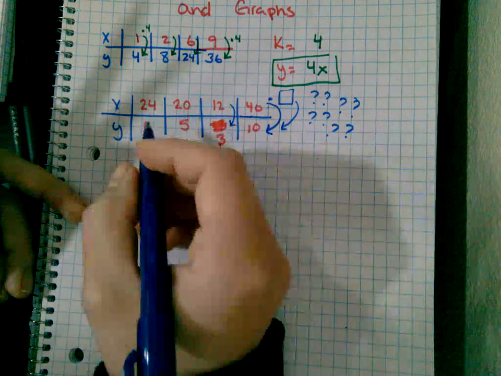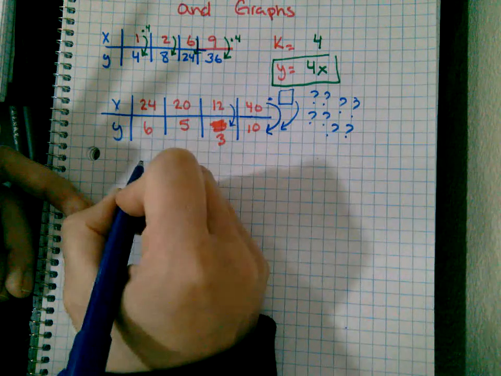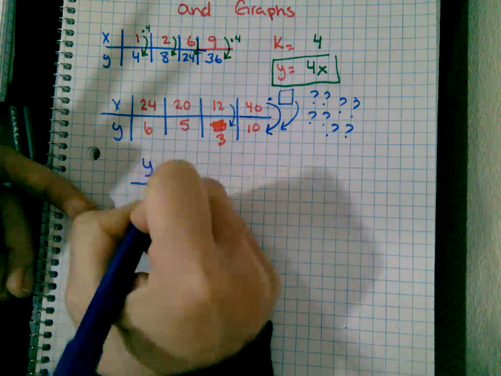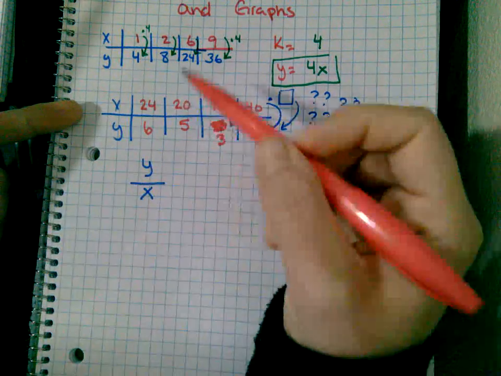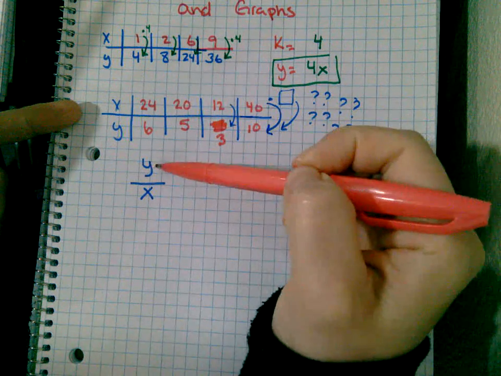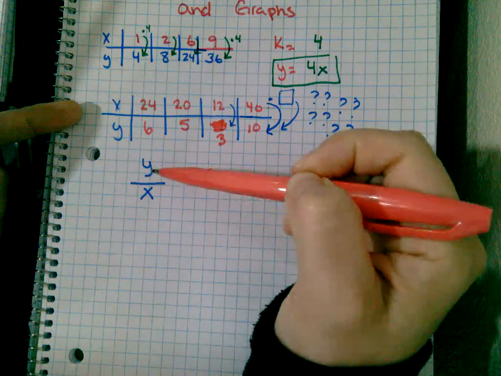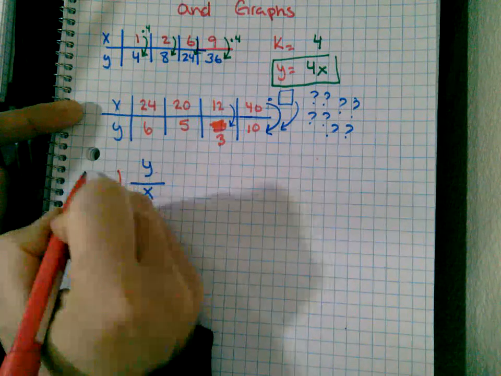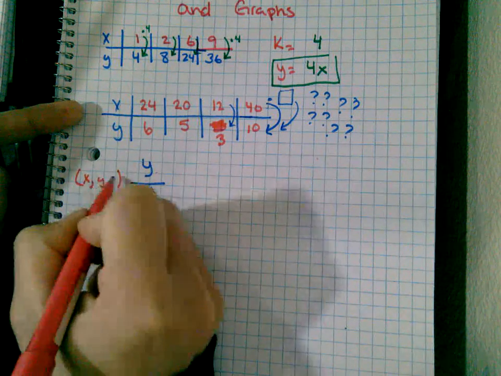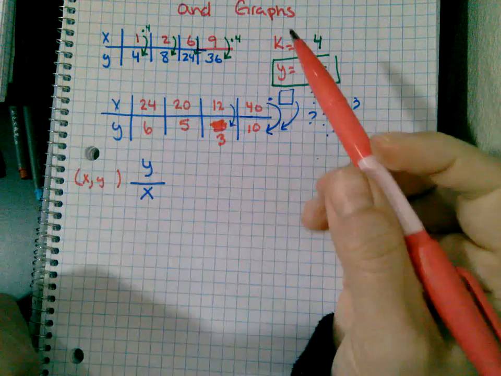Here's what you do. You're going to use the form y over x. You're going to put the numbers of y on the top and the numbers for x on the bottom, like division. This comes from your ordered pair x, y, right? So from the table, let's pick a combo.